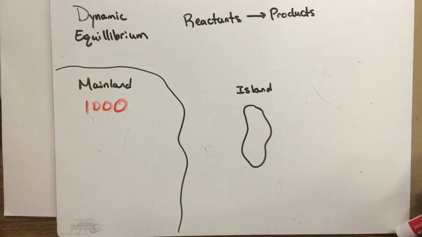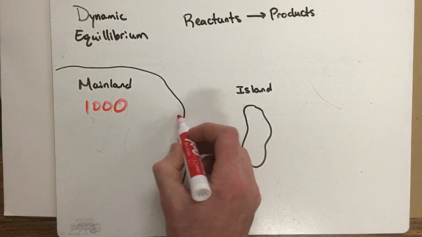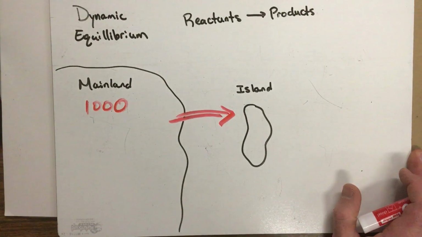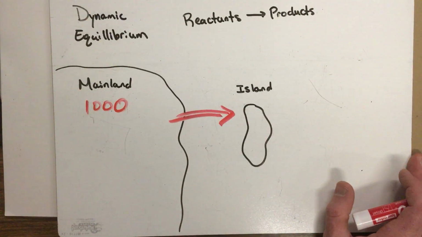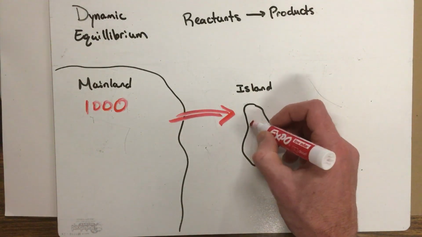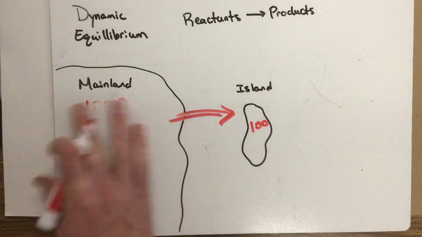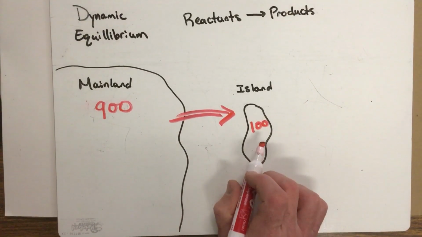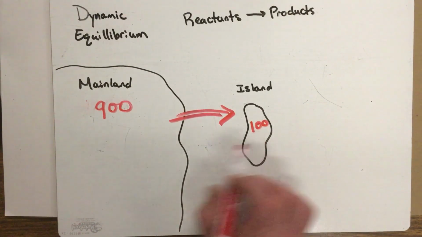Well, what's going to happen? Well, at first, there's going to be this giant mass exodus from the mainland as people are moving over to the island. But eventually, we're going to reach capacity here, right? And we're going to have 100 people over here, and that makes 900 over here. Well, that's all that this one can hold. Can't hold anymore, and now 900.